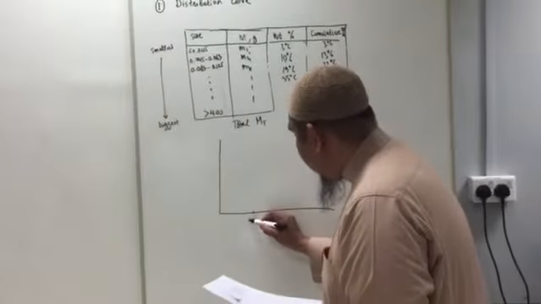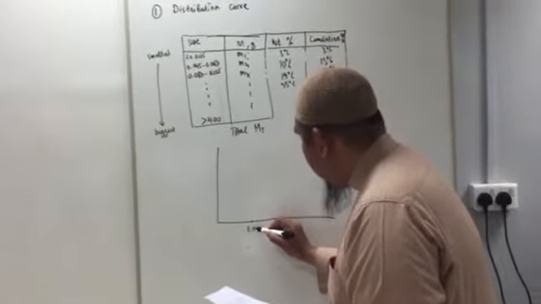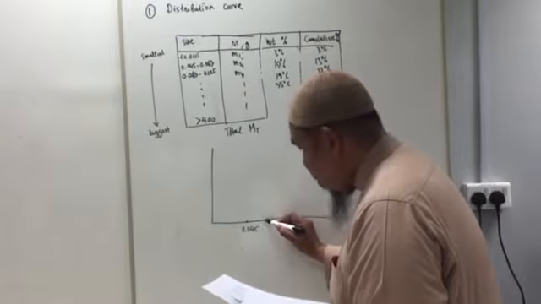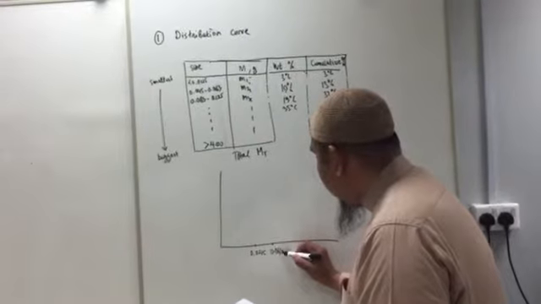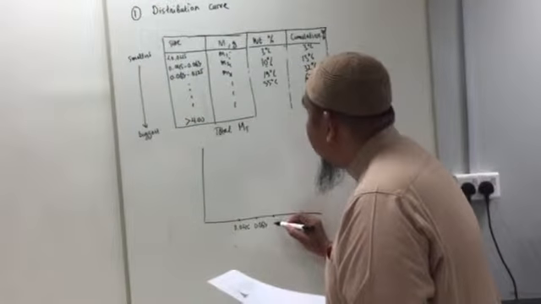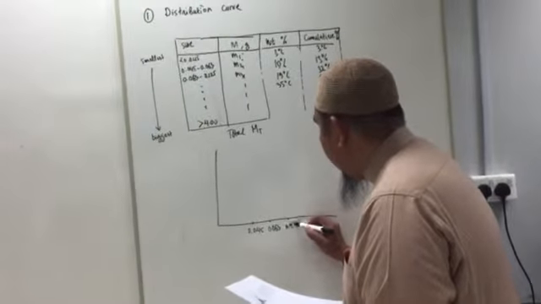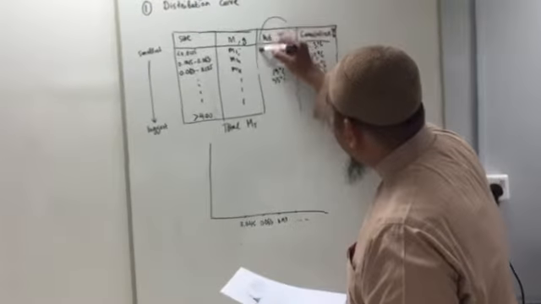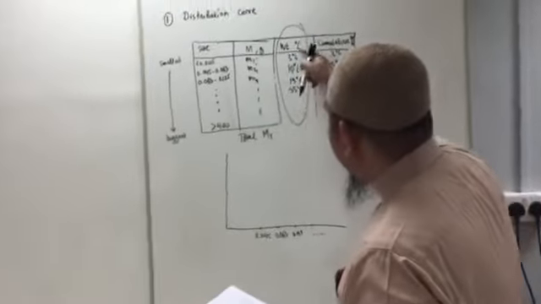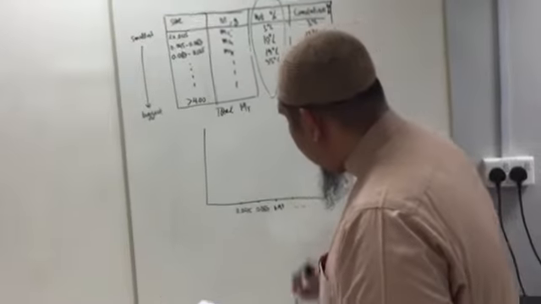This one is 0.045, and then 0.060, 0.125, and so forth and so on. First, plot this versus this.